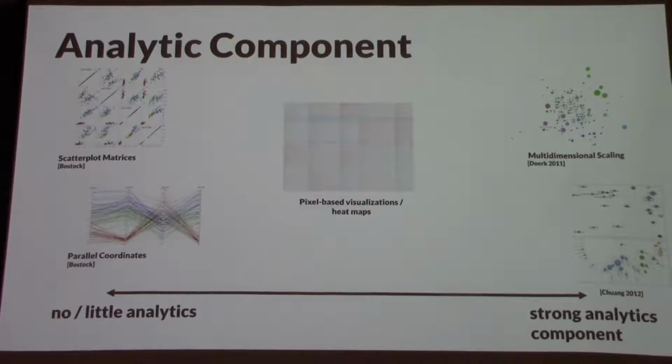Parallel coordinates and scatter plot matrices, you can do completely without any intelligence. You can just plot them. You can make them better with clustering methods or with ordering methods, but it's not necessary. Pixel-based visualizations, which are very scalable, need some kind of smart ordering, otherwise they're useless, so they're in between. And then we have these very strong analytical components like multidimensional scaling.